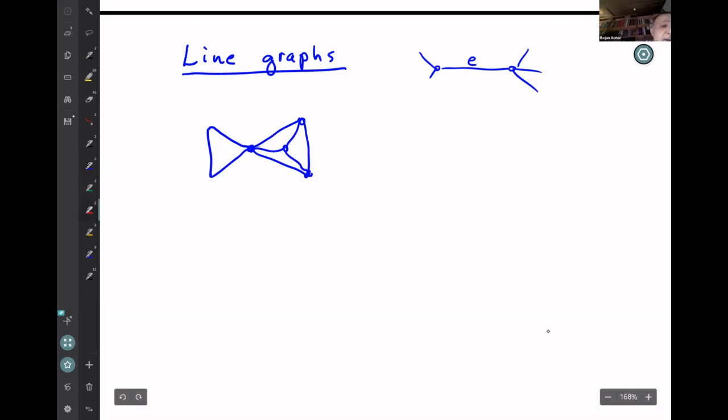So let's say this is a semi-regular bipartite graph with degrees d1 and d2. Then each vertex will be adjacent to a complete graph.